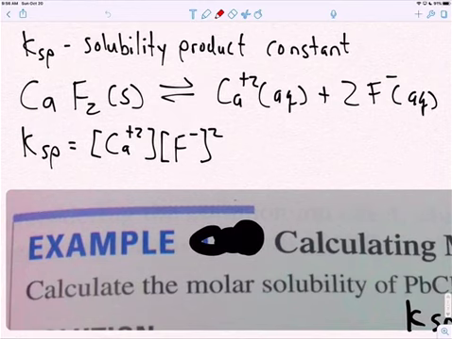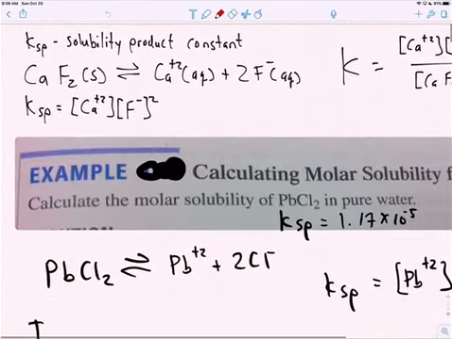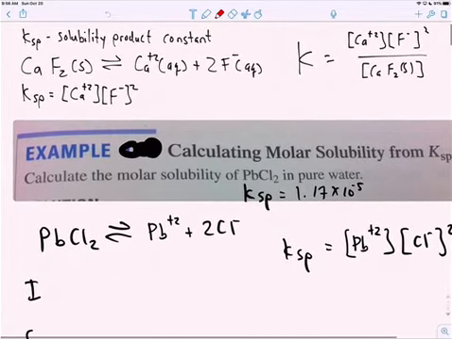So an example is calcium fluoride. Calcium fluoride solid is in equilibrium with calcium ions and two fluoride anions. And then we have the solubility product constant. So products, calcium fluoride squared. So calcium to the first power, fluoride squared, over the concentration of calcium fluoride.